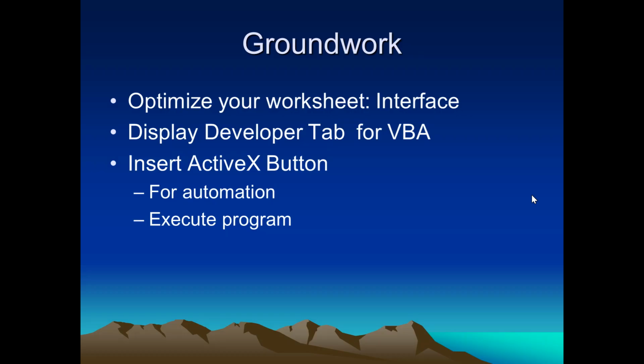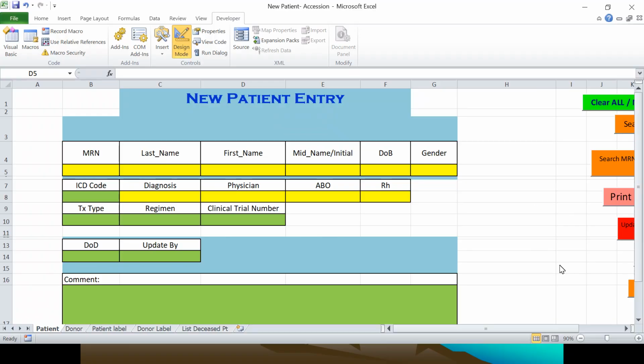With the Developer tab, you can insert an ActiveX button. That button can call the program you made. So with one button click, you can execute the program. So that makes the automation. Right now, let's switch here.